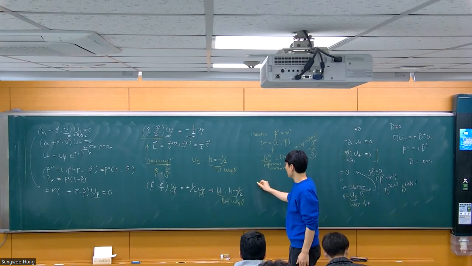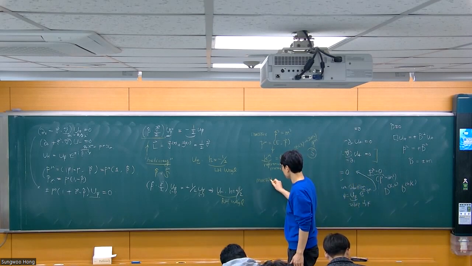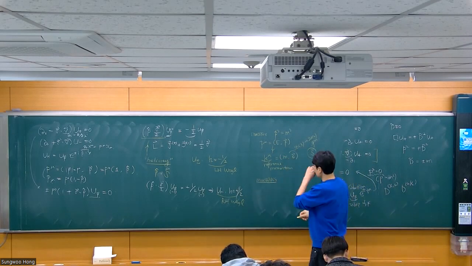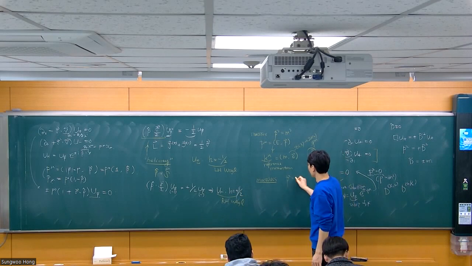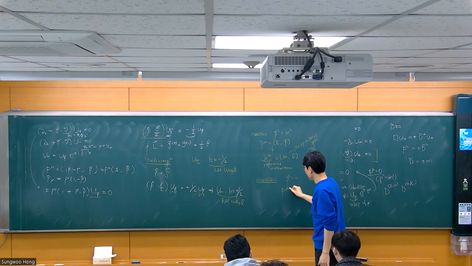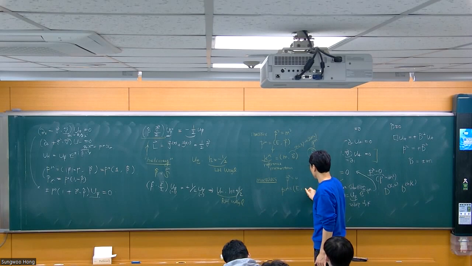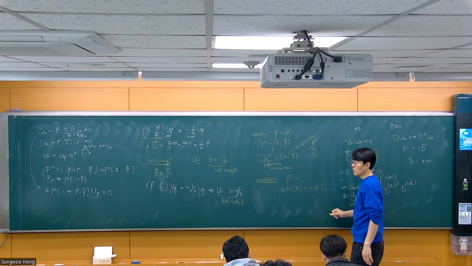Now let's talk about the massless particle. For the massless particle, the best we can do is go to this frame, (E, 0, 0, E). I'm just picking a specific direction, but you know what I'm talking about.